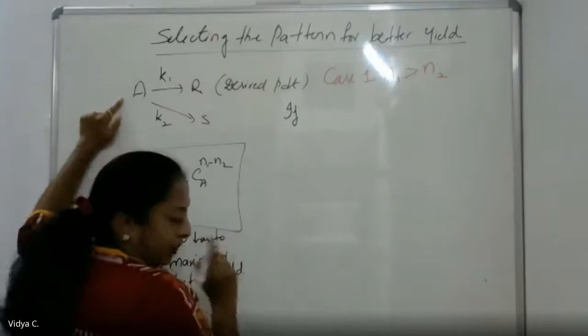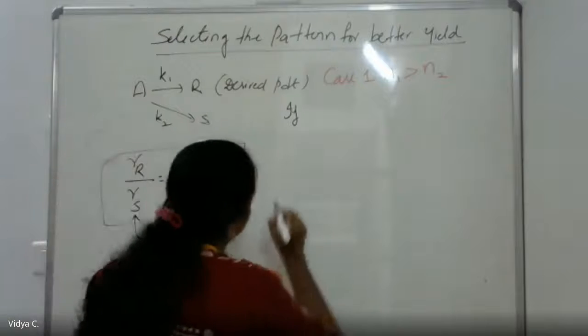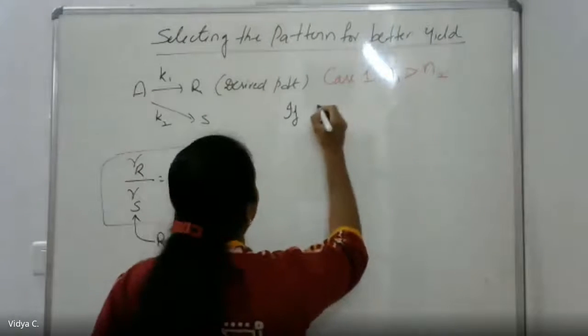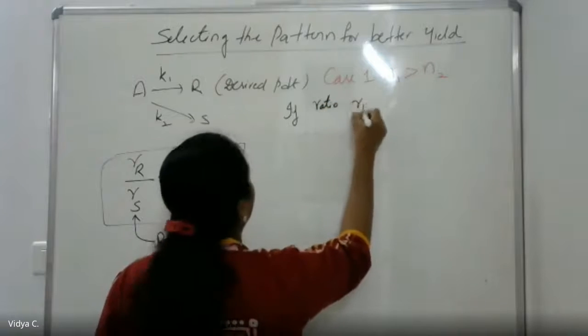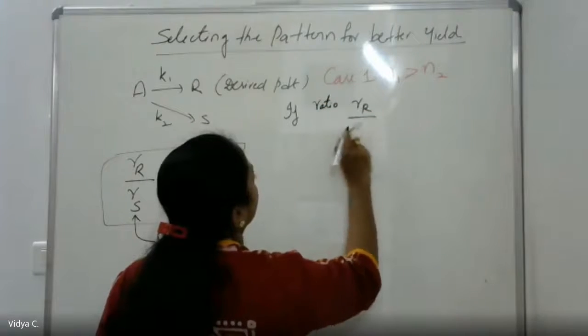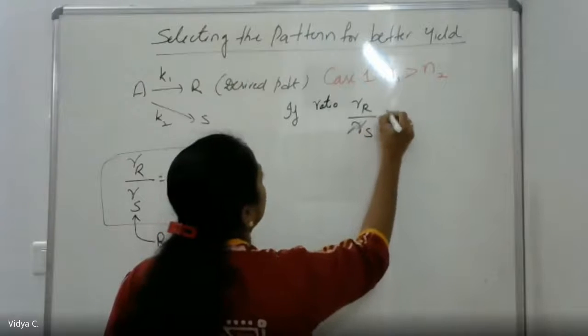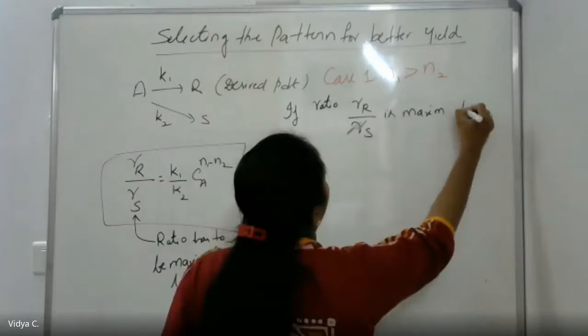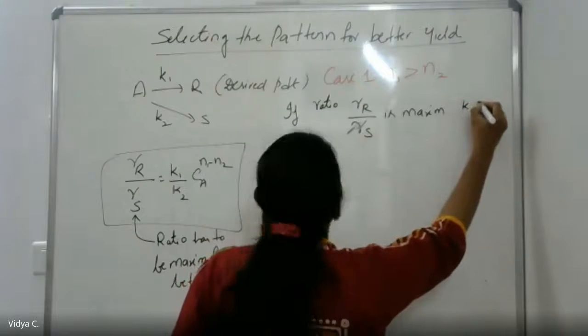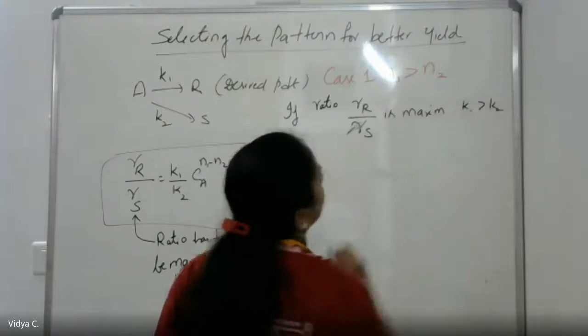As a conclusion, if n1 is greater than n2, the ratio rR by rS is maximum. K1 will be greater than K2 also.